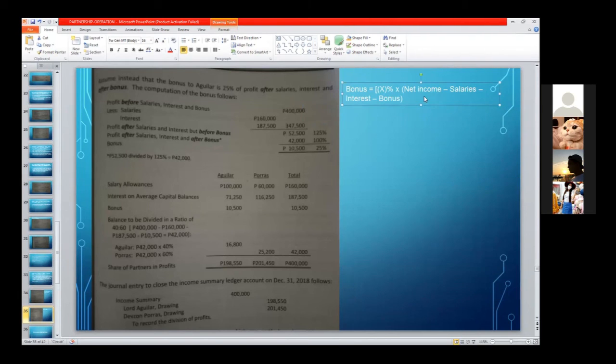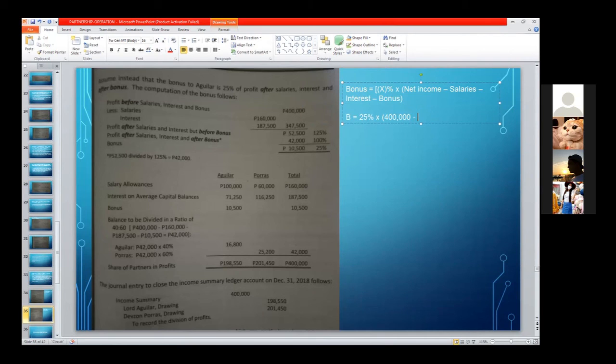Yan, so ito na yung computation niya. Kaya, try nyo i-solve, try nyo i-solve sa calculator nyo. Magkano to? 400,000.